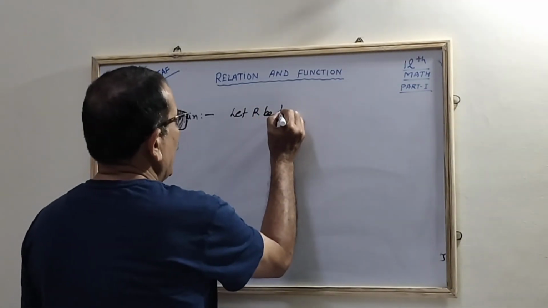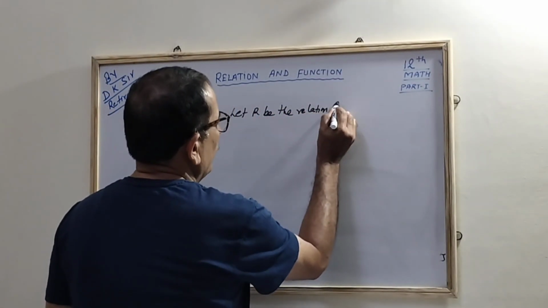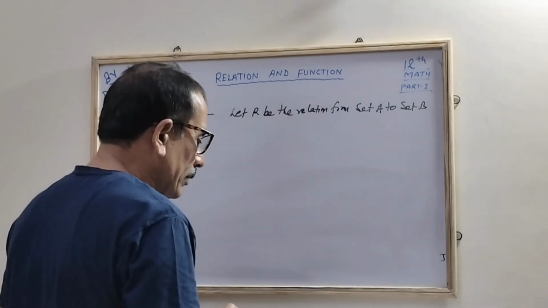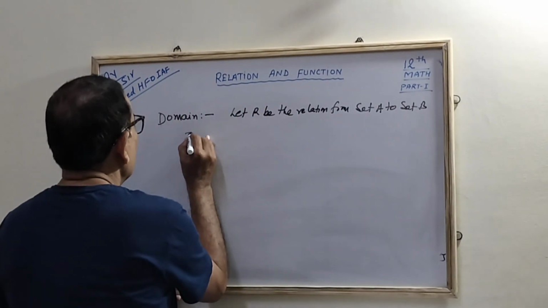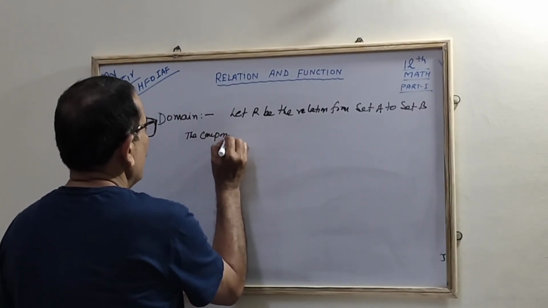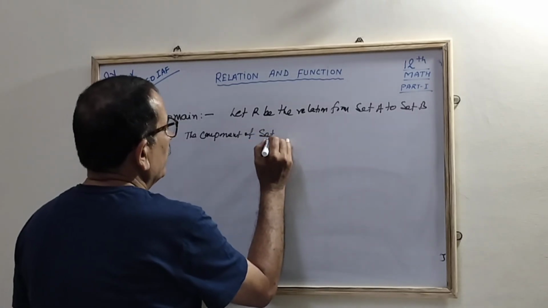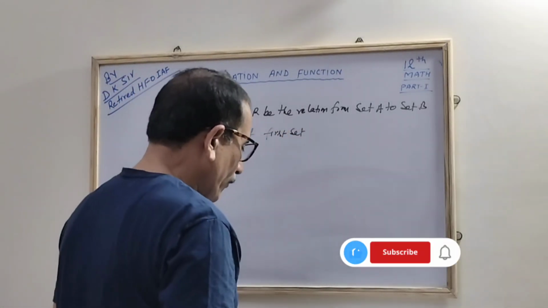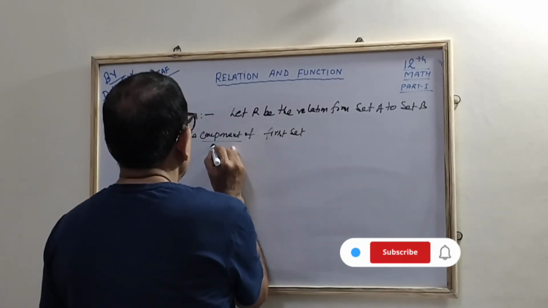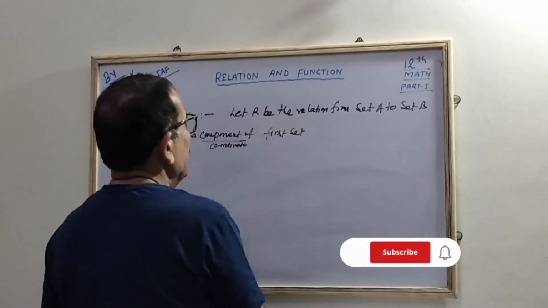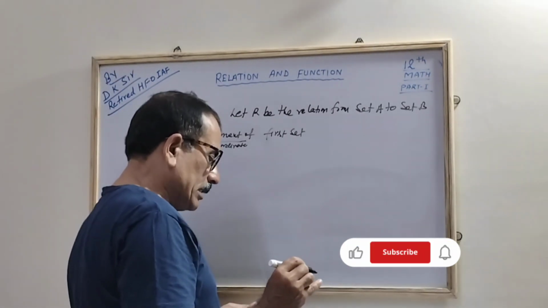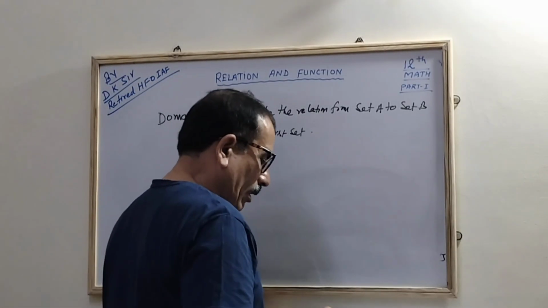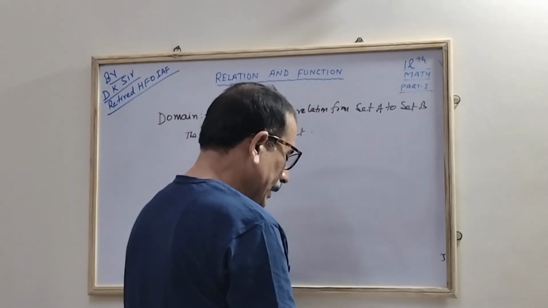Let R be the relation between set A and set B. Then the set of the first components of the ordered pairs belonging to R is called the domain of R. You can say component, you can say coordinate also, because it is a pair having two values.